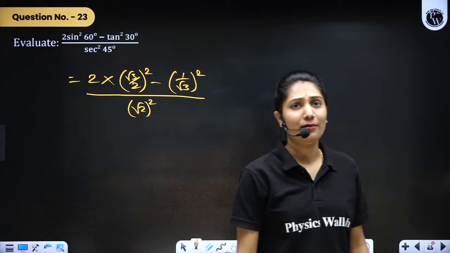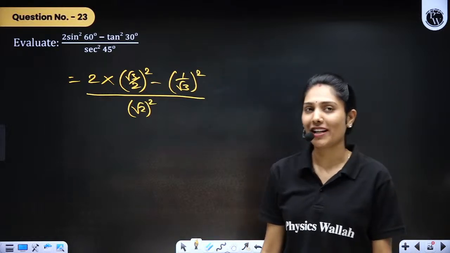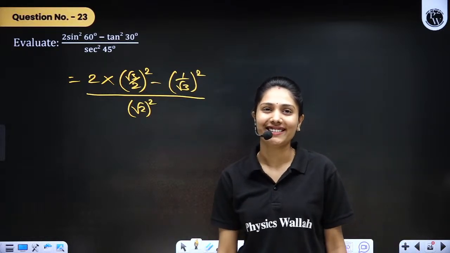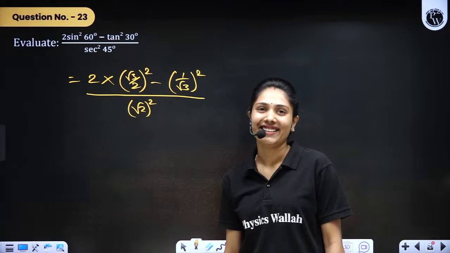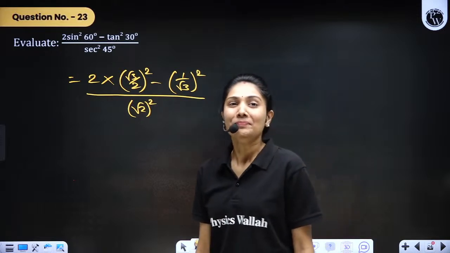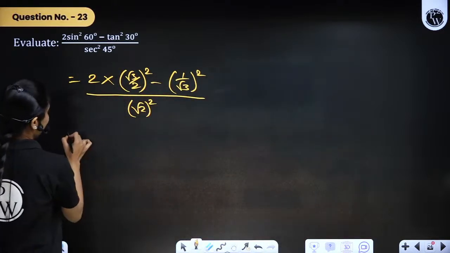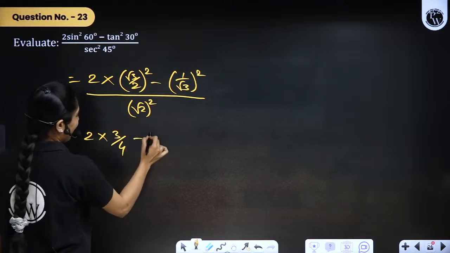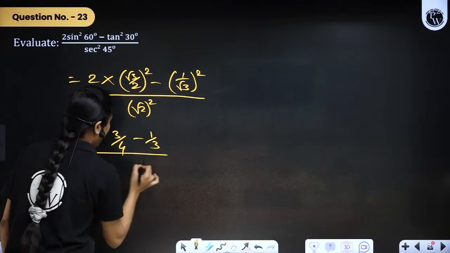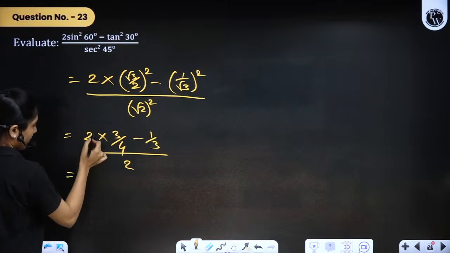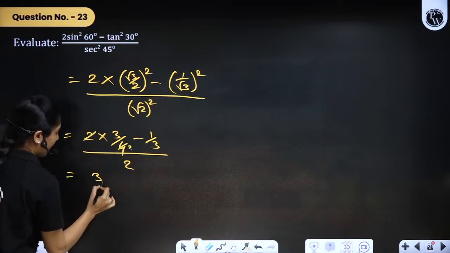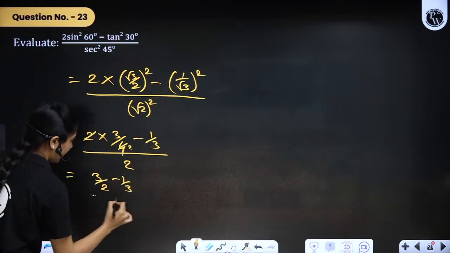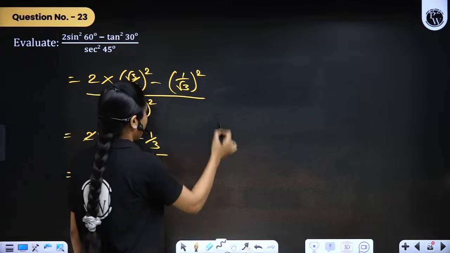7 by 12. Okay. Let's just check if it is correct or not. So it's 2 into 3 by 4 minus 1 by 3 upon 2. So 2 ones are 2, 2 twos are 3 by 2 minus 1 by 3 divided by 2.